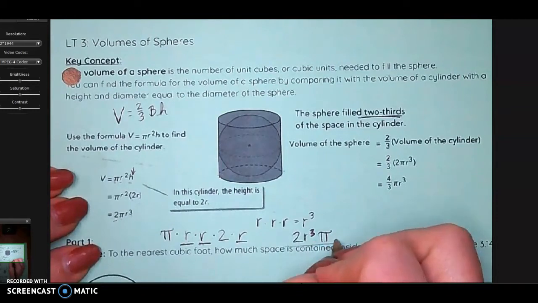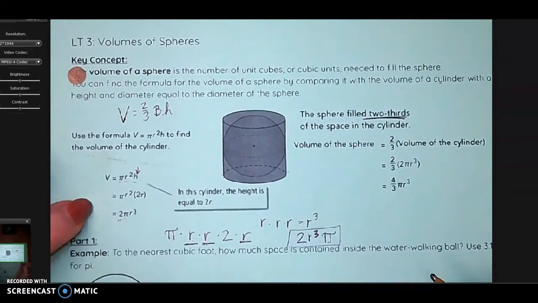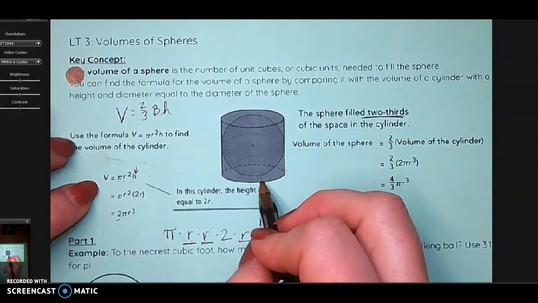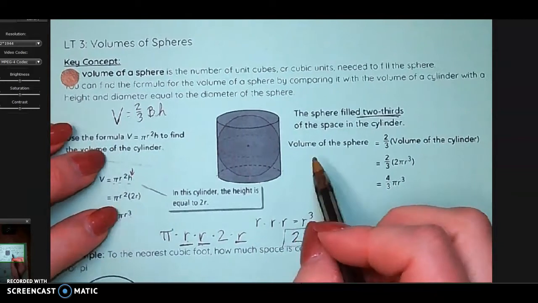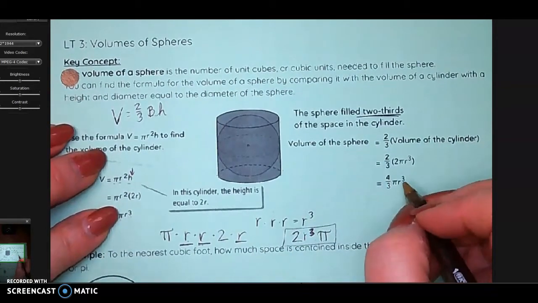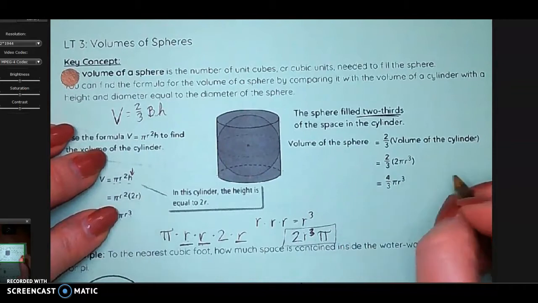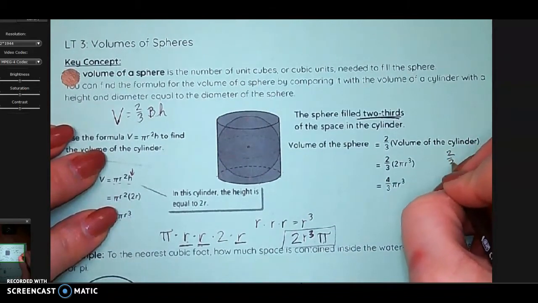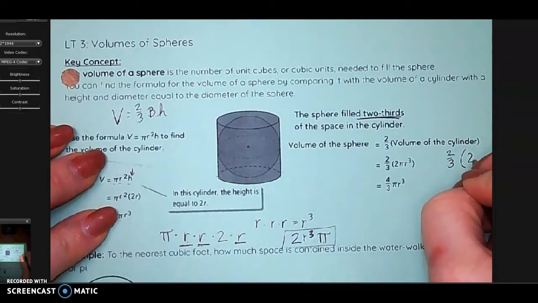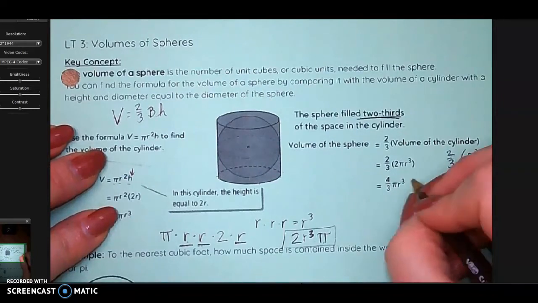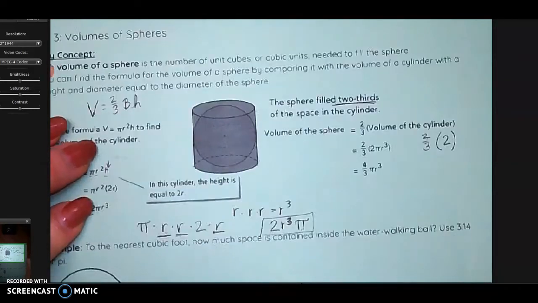Now, once I do this, this is the volume of the cylinder. In order to make it for the sphere, then I need to multiply it times 2/3. When I have 2/3 times 2, that is where I end up with this 4/3 here.